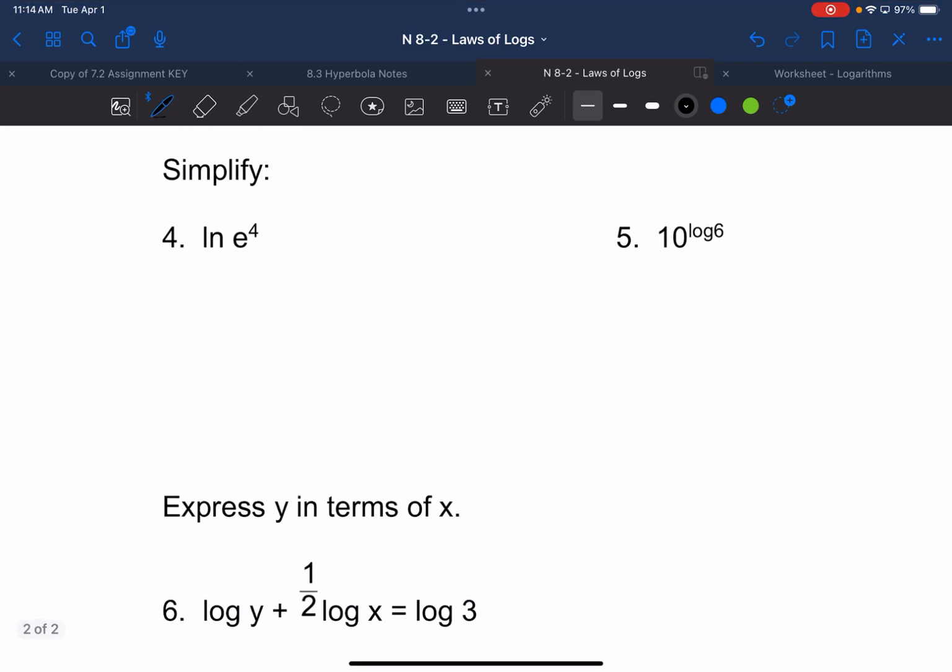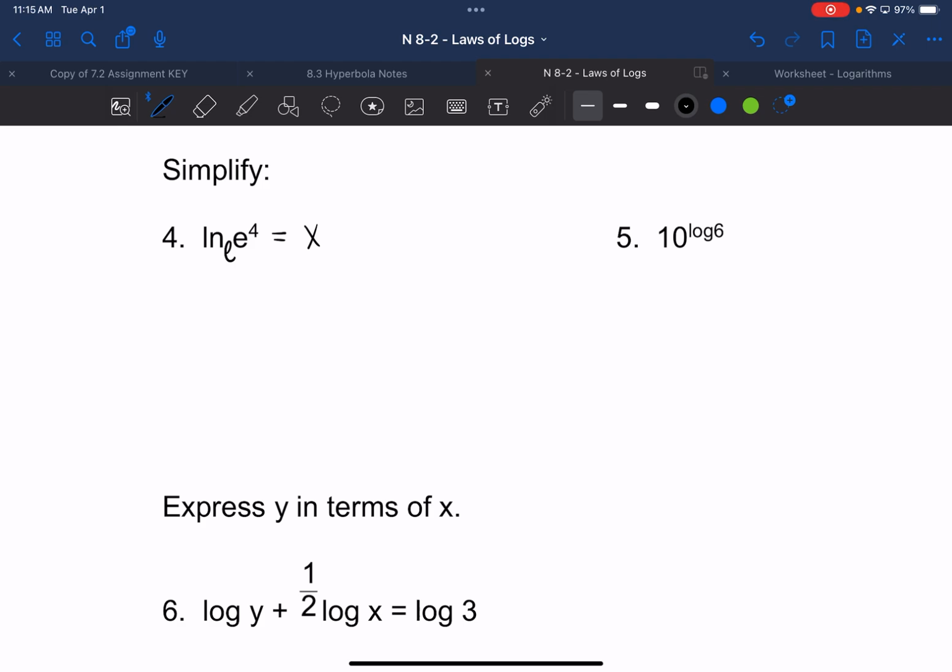All right, so number 4 says ln of e to the 4th. Okay, so yesterday, remember we were always looking for what it was equal to. We put like a box there. You can put whatever you want. A box, a variable, doesn't matter to me. Now number 4 says ln. That means natural log, right? So what's our understood base? E, right.